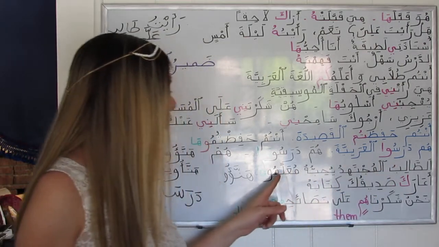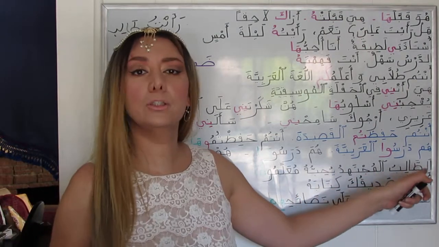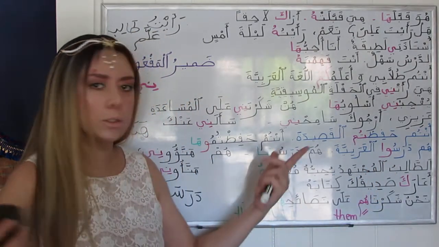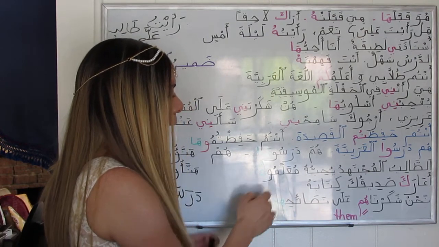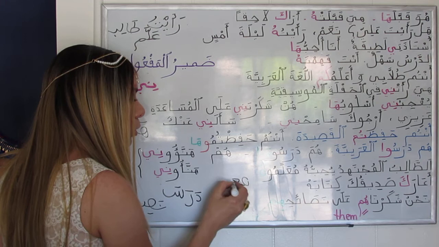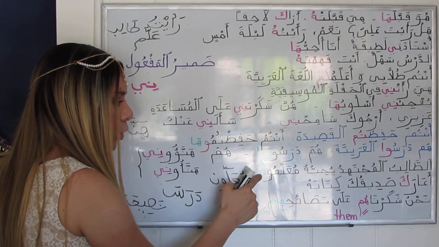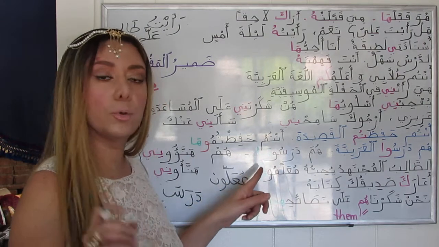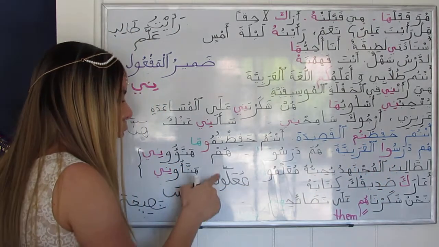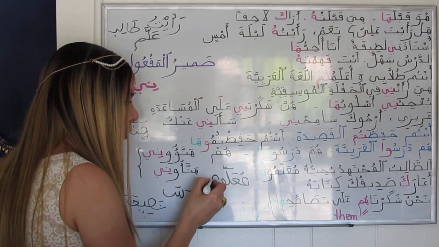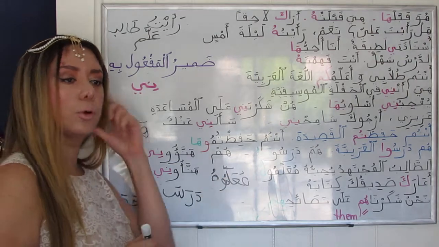الطالب المجتهد يحبه معلموه. الطالب المجتهد, the diligent student. What's going on with the diligent student? يحبه معلموه. معلم, معلمون, the sound plural of معلم, teachers. So to attach the possessive pronoun referring to the diligent student, we get rid of the noon of the sound plural and we put the معلموه, the possessive pronoun hu.